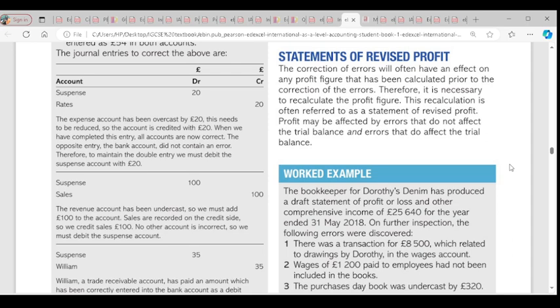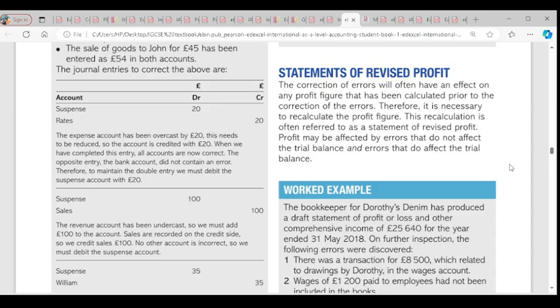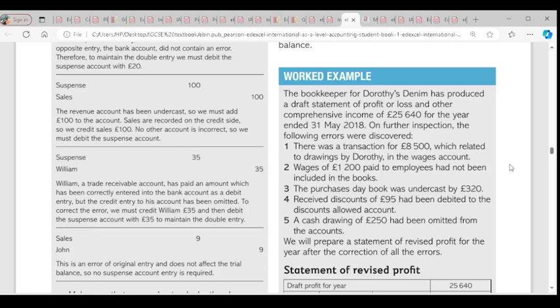We have revised profit because as soon as there's an error, as soon as we find out that the trial balance has an error, it would affect the profits of the business. As a result of that, we have to recalculate those individual accounts to ensure that everything is in order. That's why we have the statement of revised profit. We use it to recalculate our profits. That's about that.